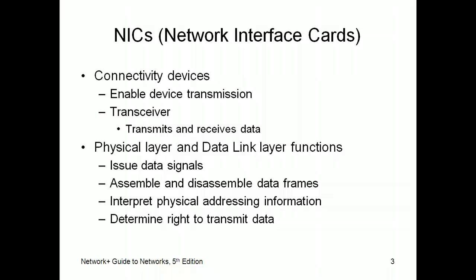And they have assembly and disassembly frames constantly working all the time, sending out frames and disassembling them, assembling frames as they come in, interpreting physical addresses that are coming in from other machines, other routers, other servers, and then determining the right to transmit data.